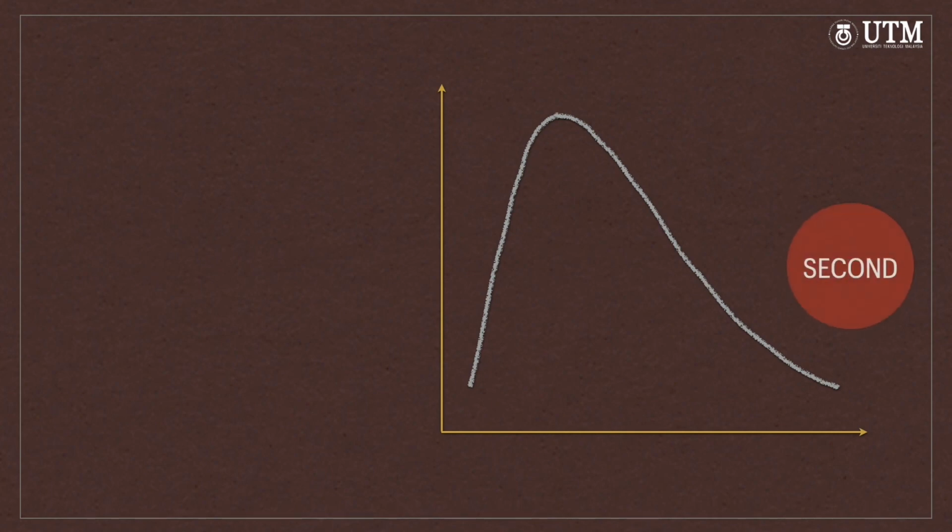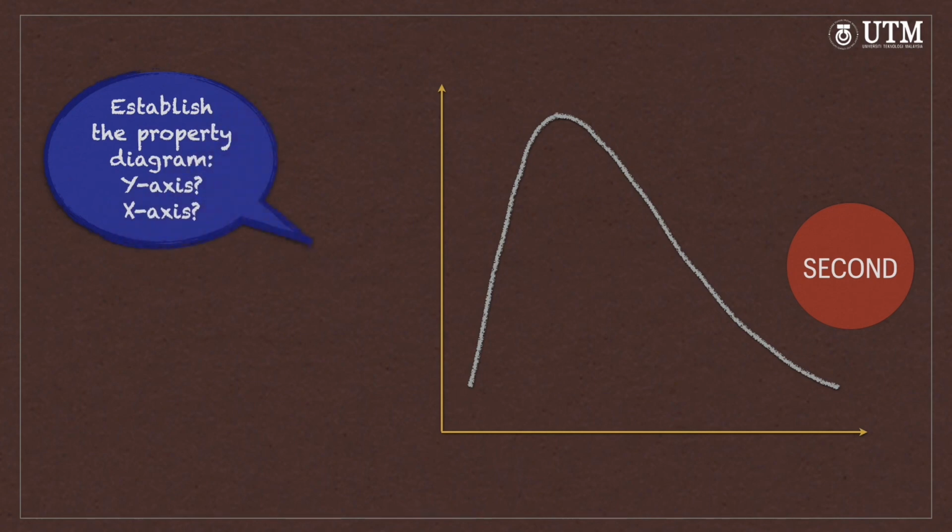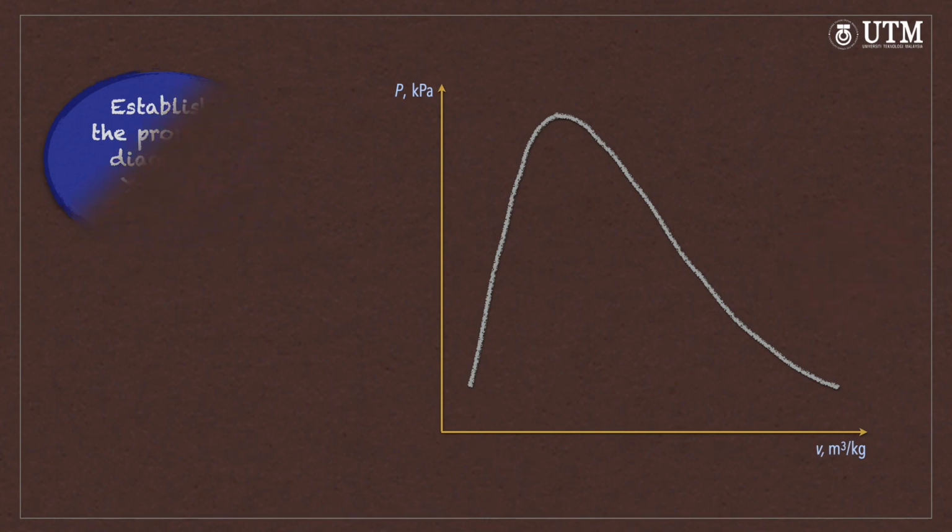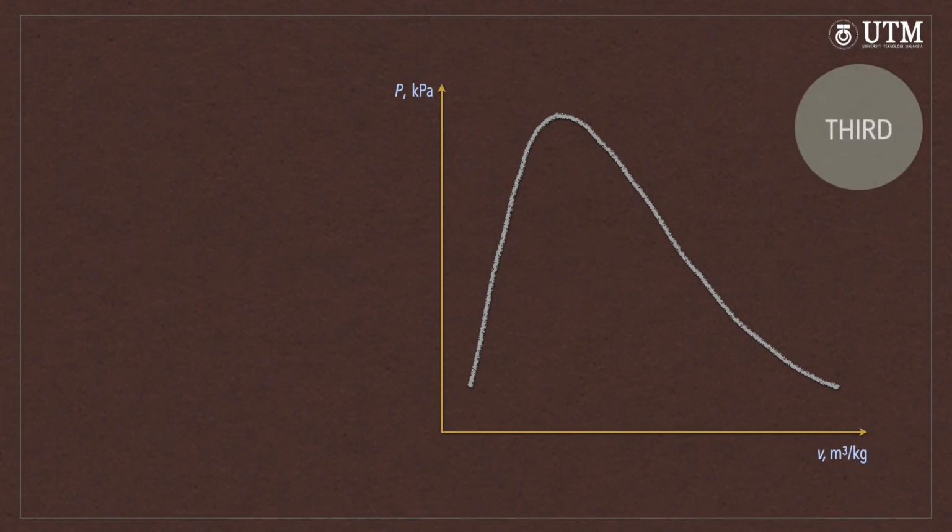Second, we define each axis of the diagram based on the information given. For example 3.3, it provides the saturated liquid water pressure, and we are asked to determine the volume of the system. Therefore, we sketch a PV diagram.